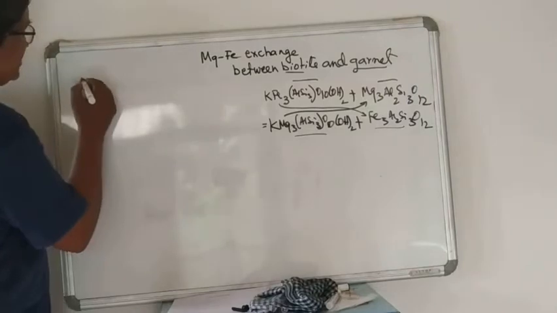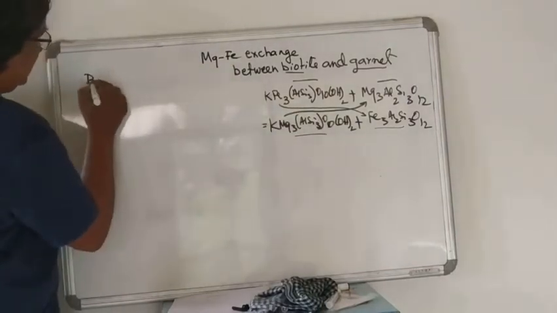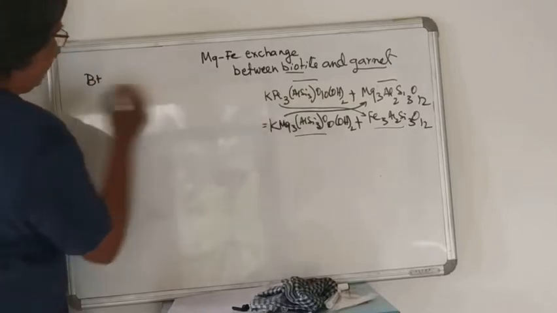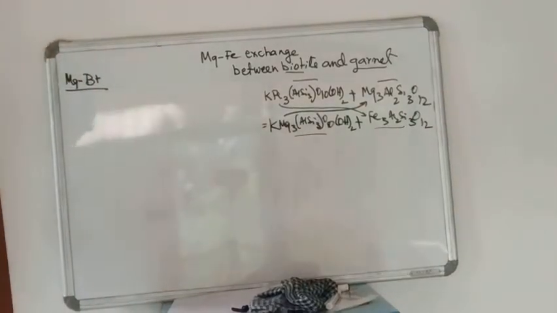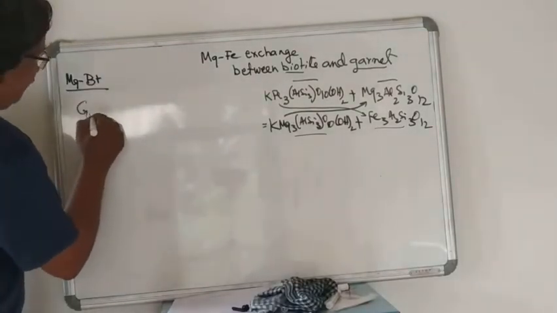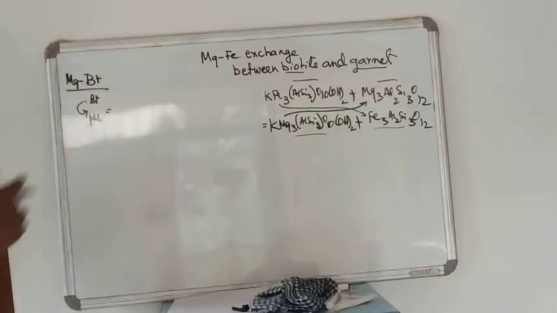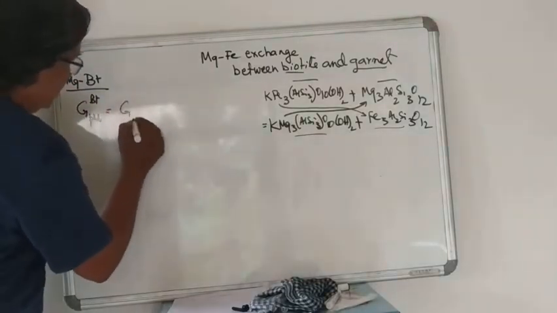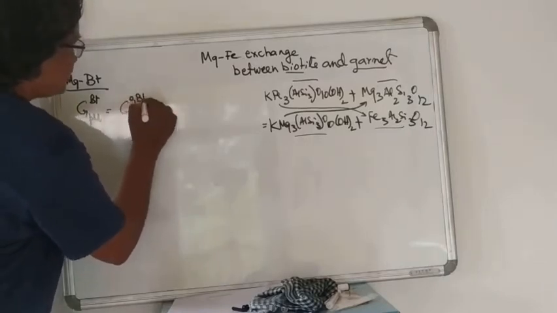So, say for example, let's take this biotite. And we take magnesium biotite. If I had to write an equation of state, we write G phlogopite in biotite, remember? And we write G phlogopite 0 biotite.